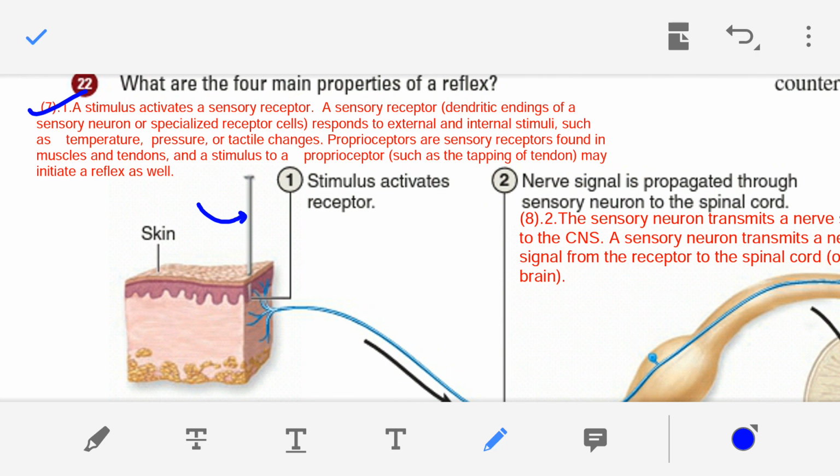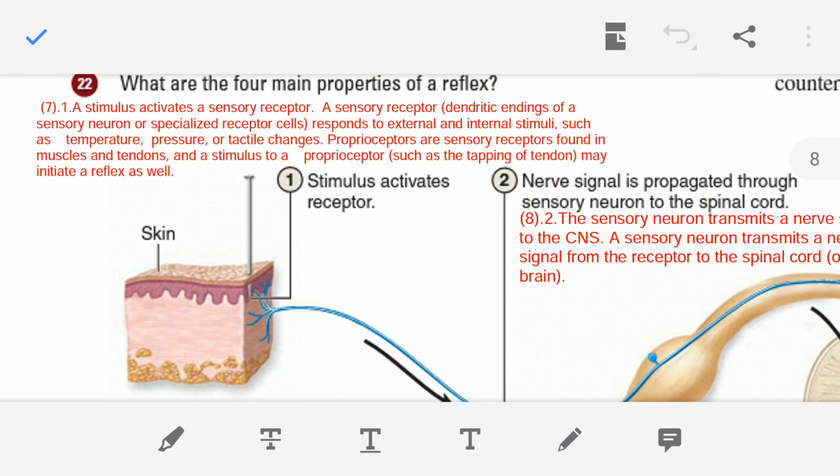Sensory receptors are dendritic endings of a sensory neuron, or specialized receptor cells.